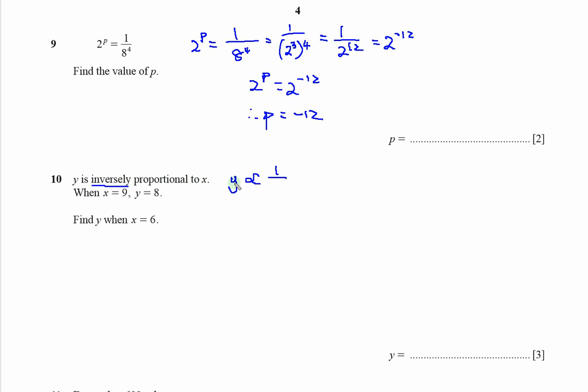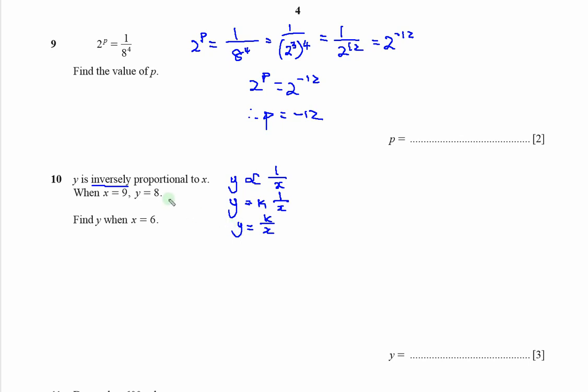The second variable is X. Okay, now the second thing you have to do is write Y equal to K times 1 over X. Now changing this proportional sign to equal sign, you put a K. So rearrange, this is K over X.